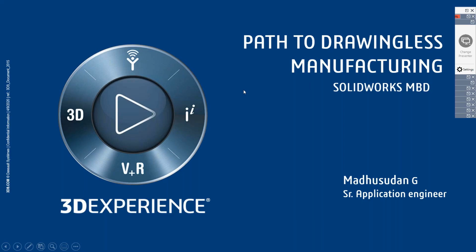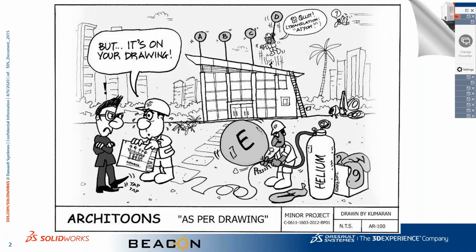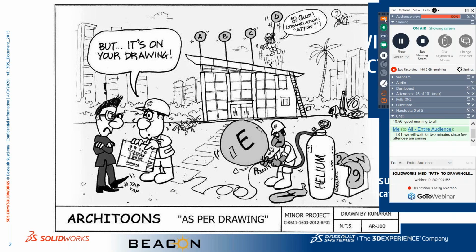This is a usual scenario in the shop floor designs, where sometimes the models don't really convey the message that needs to be conveyed because of human errors or interruptions.